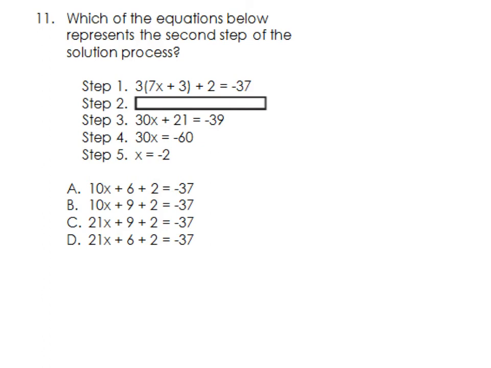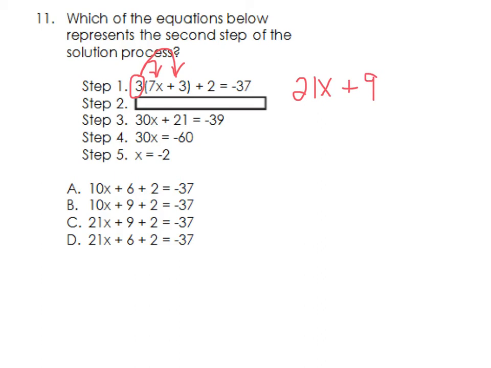Okay, this is one of our error analysis questions. What do we do next? The easiest way to approach one of these is to think about what you would do next. The first thing that I would do is take my 3 and distribute it. So let's go ahead and do that. 3 times 7x is 21x. And 3 times 3 is plus 9.